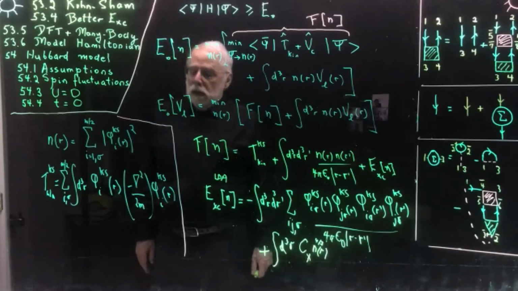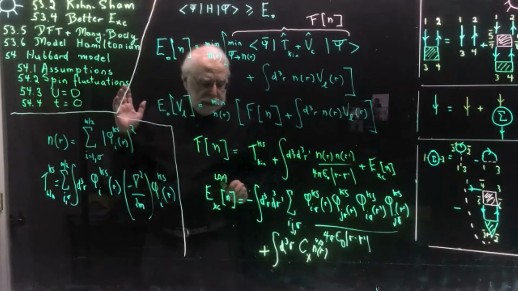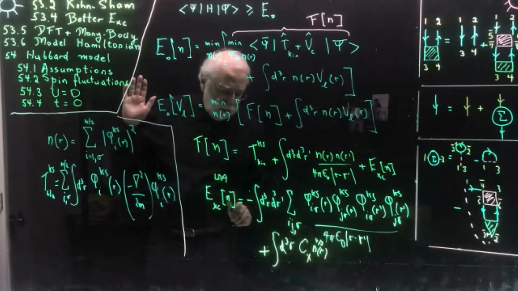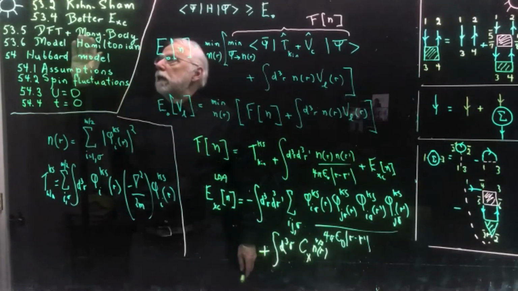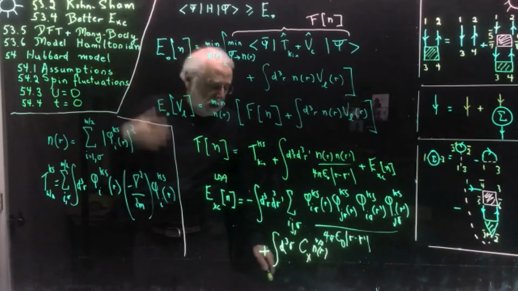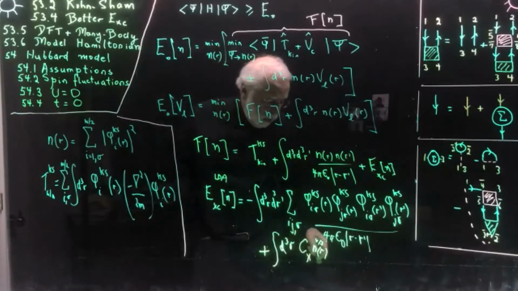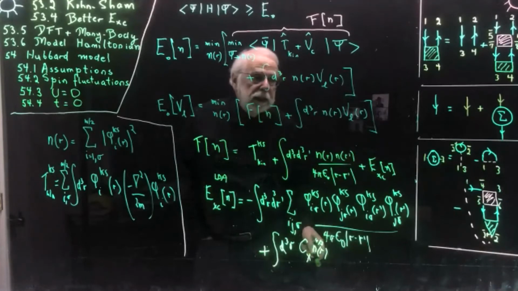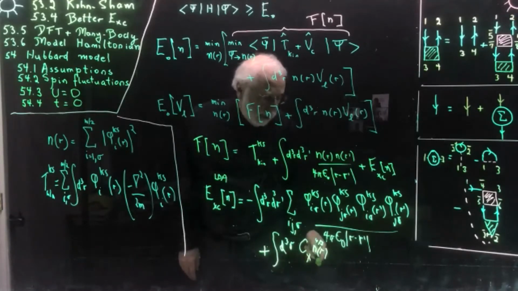Okay. So now, how can you improve this? This is the local density approximation. You see, this functional depends only on the local density. Now, how would you get better exchange functionals? Well, if I put the Laplacian of the density, it's still a correct functional of the density.